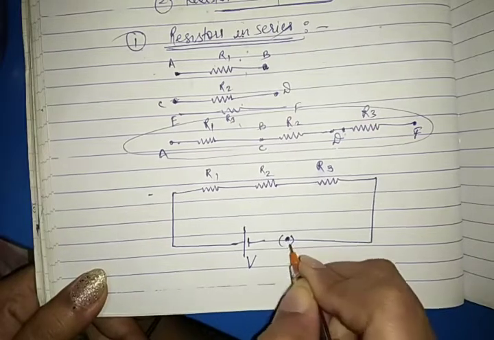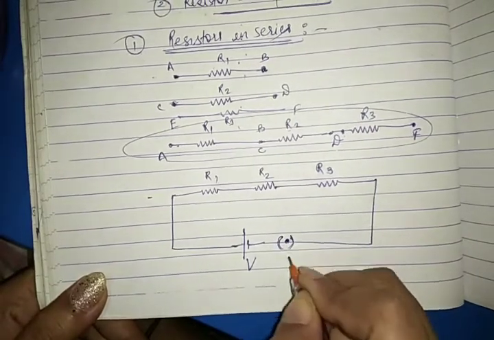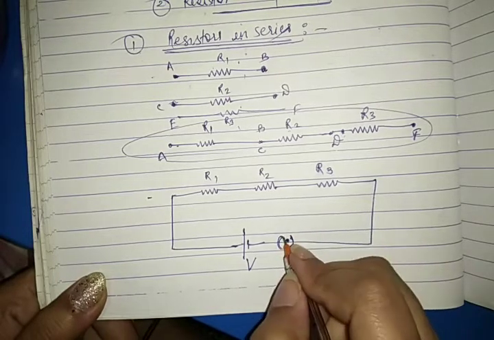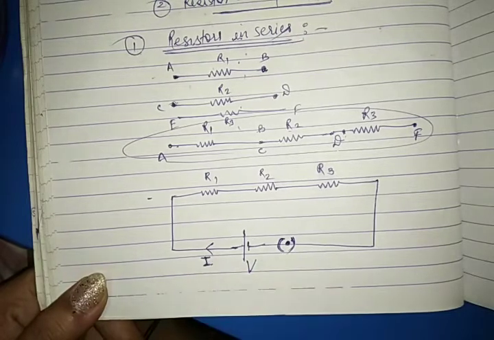By this key we can open or close the circuit. If you want to close the circuit, this key must be closed, and if the circuit is closed, then a current I will flow.